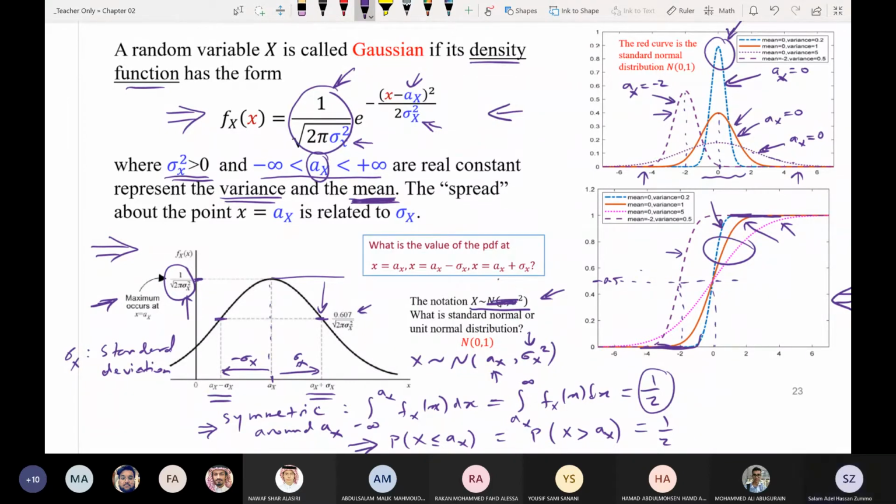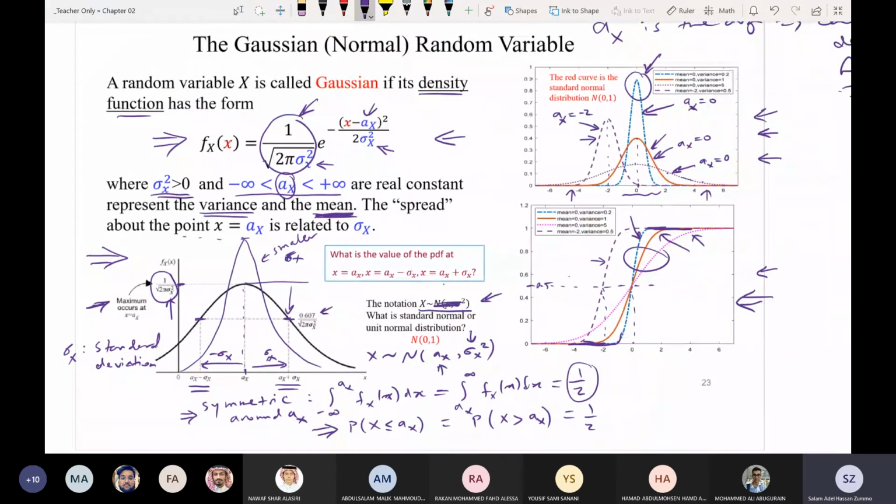For a smaller sigma x, the maximum becomes larger while it becomes narrower. Why? Because the area is always 1. So if the curve becomes narrow, it has to have a larger peak value than if the curve is wide.